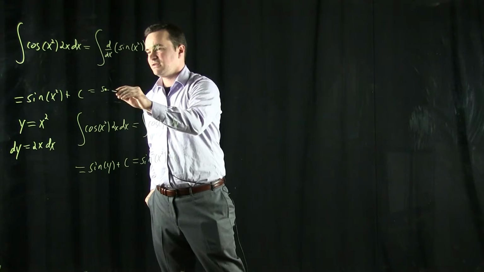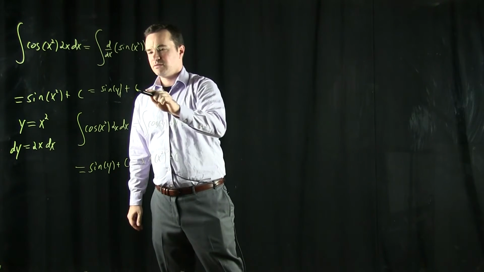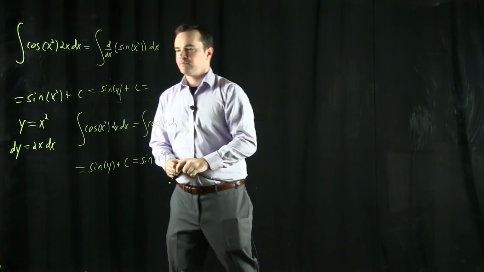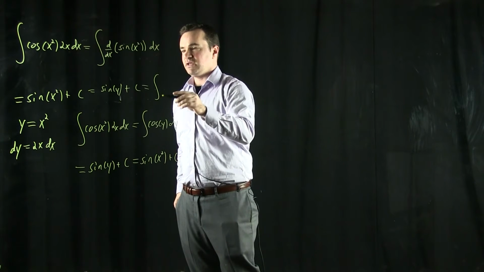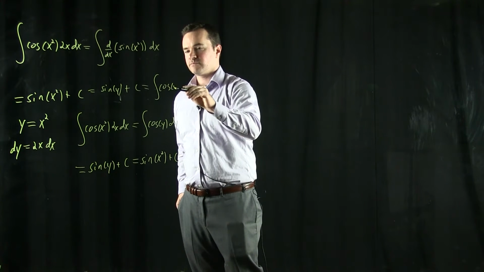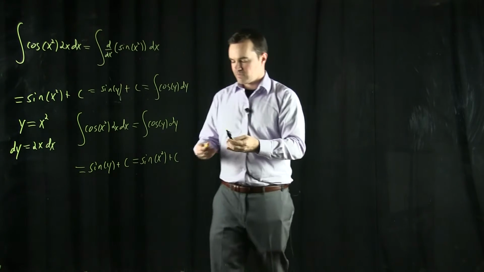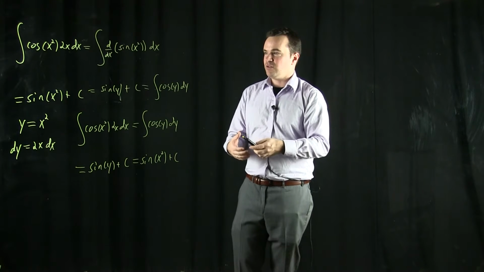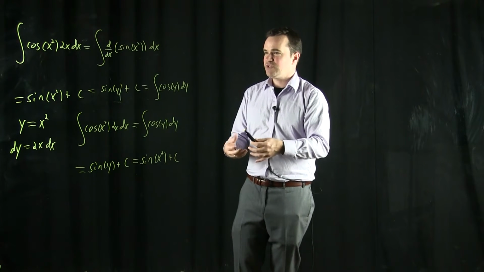If you look at sine of y plus c, then you'll realize that the answer is equal to the indefinite integral of cosine of y dy. So there's a little bit of, I don't want to call it trickery, it's more like advanced bookkeeping.